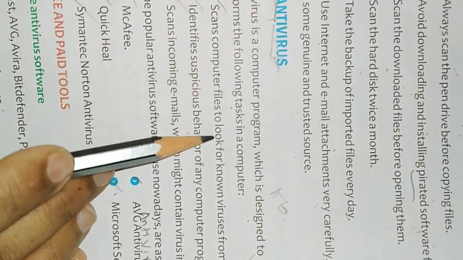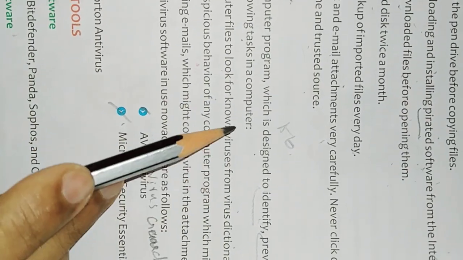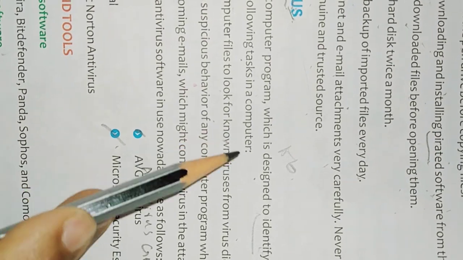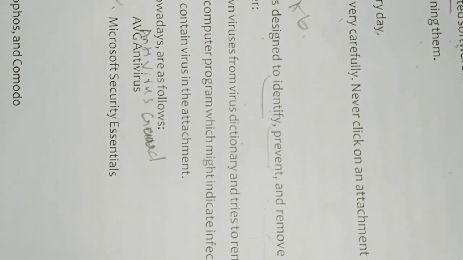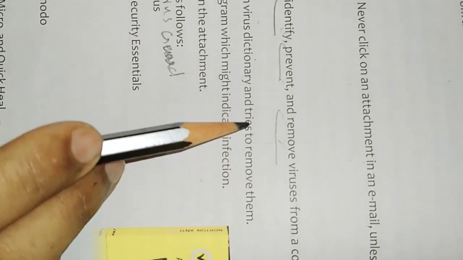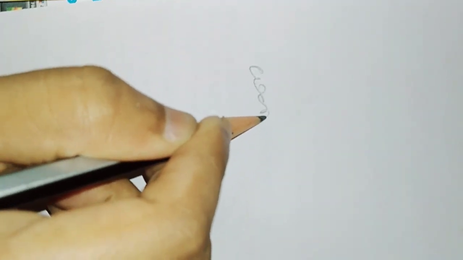So it will scan your computer files and check the viruses against the dictionary. Is there any match found? If it finds a match, it will try to remove it. Suppose your computer is affected with worms.